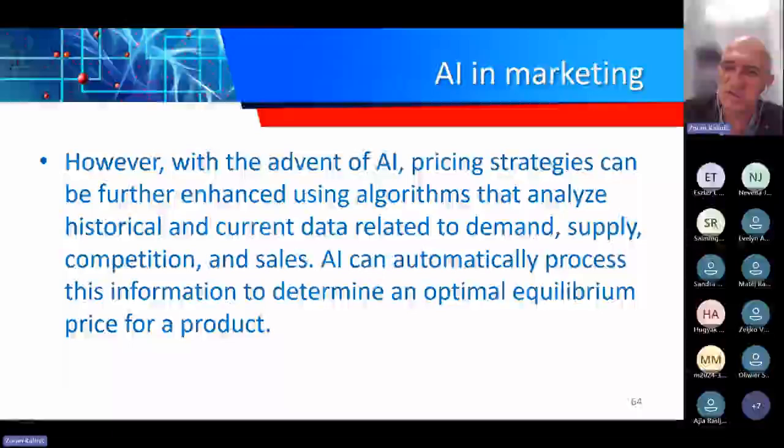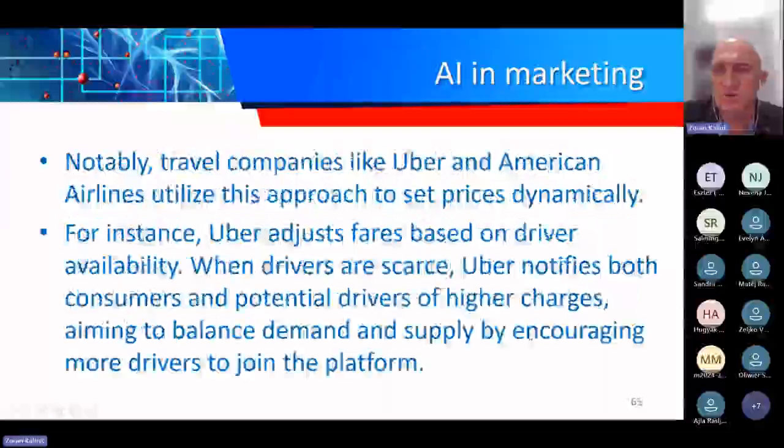Or the opposite, they can decrease the price because there are a lot of free apartments and nobody is looking, so maybe it's better to go with lower prices to get some money for your apartment for this period.